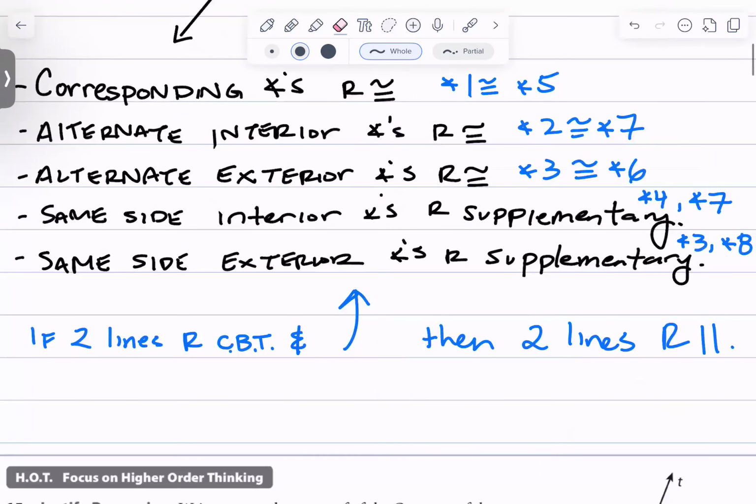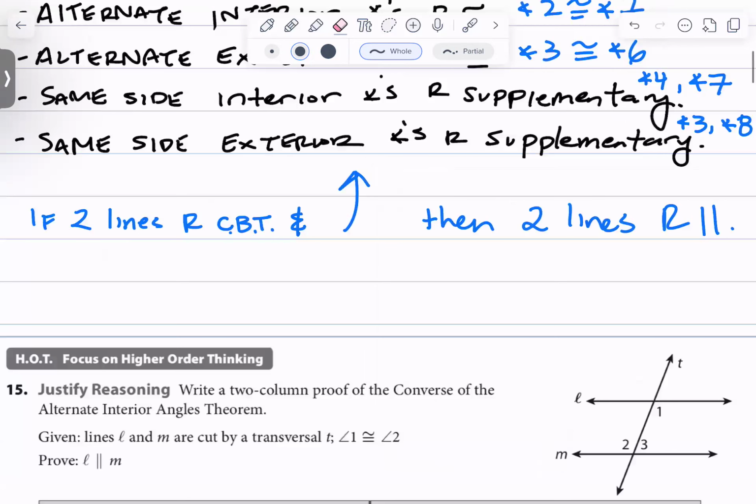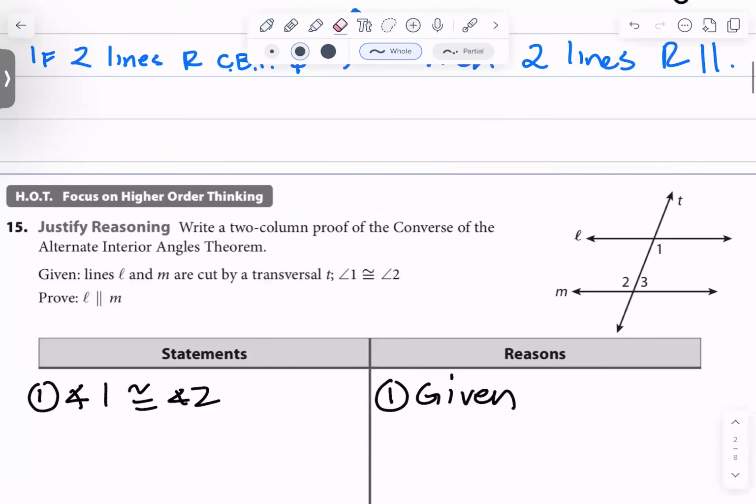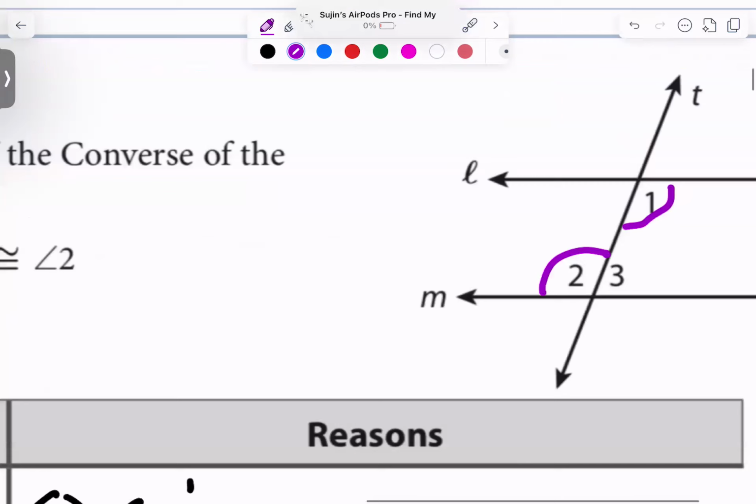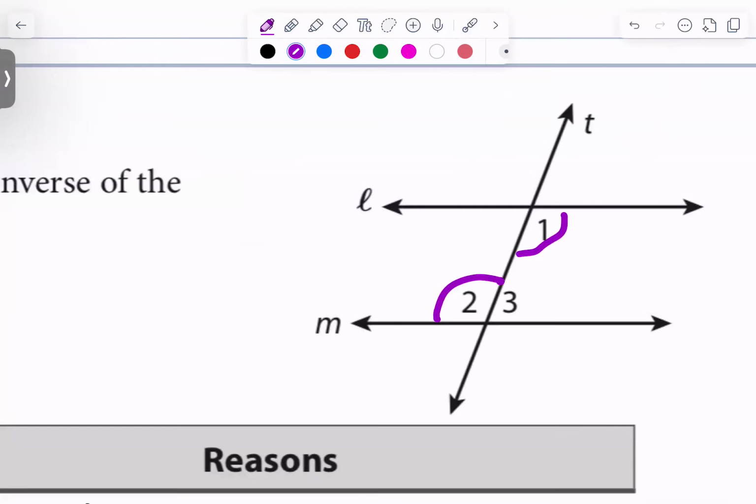So we're given the fact that angle 1 and angle 2 are congruent, right? Because it's given to us. Is that it? Am I done?